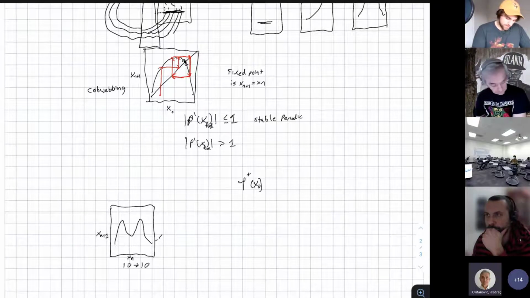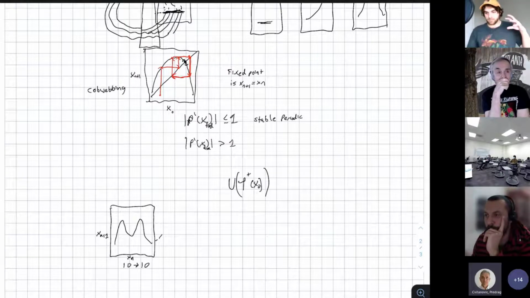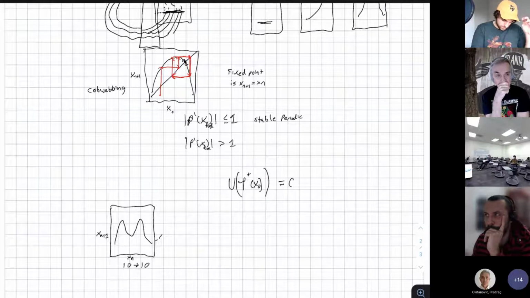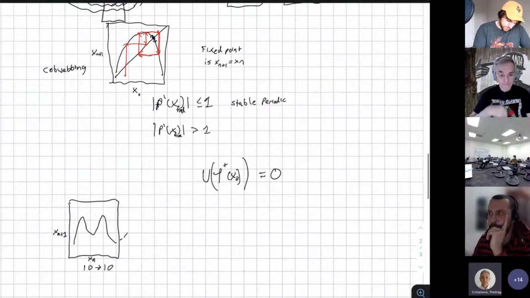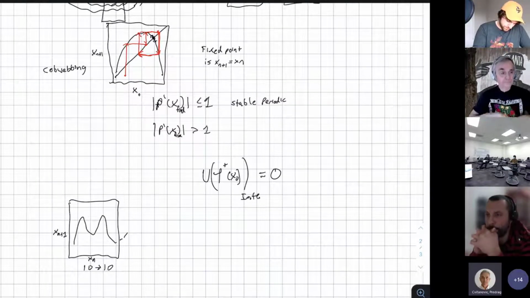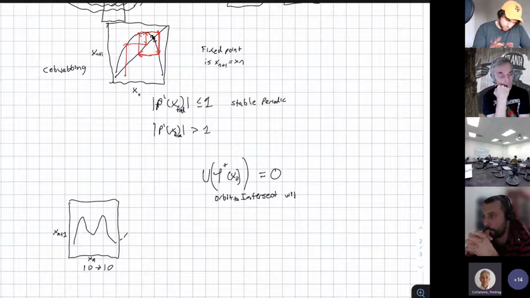And then we have some level curve, and you're trying to find some value where this is equal to 0. This is really what it means for the orbit to intersect with the Poincaré section.